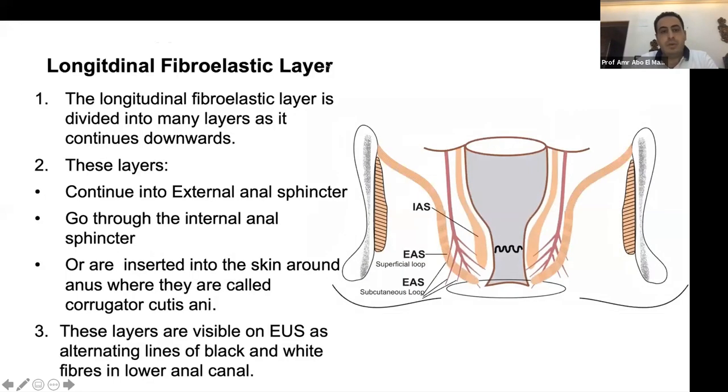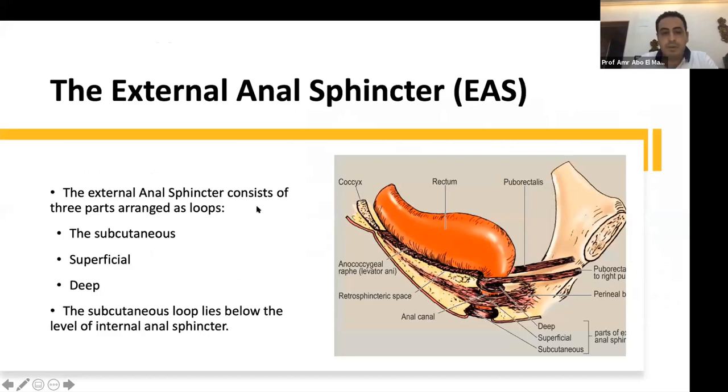The longitudinal fibroelastic layer continues into the external anal sphincter, goes through the internal anal sphincter, and can be seen by EUS as an alternating line of black and white. The external anal sphincter consists of 3 loops: the subcutaneous loop, the superficial loop, and the deep loop.